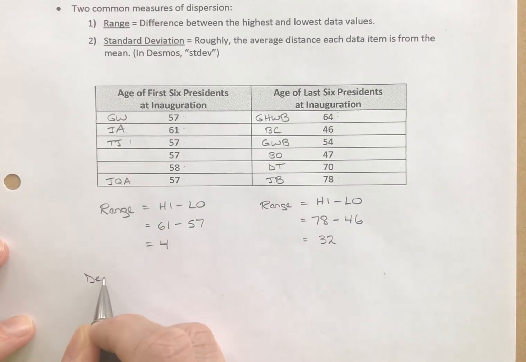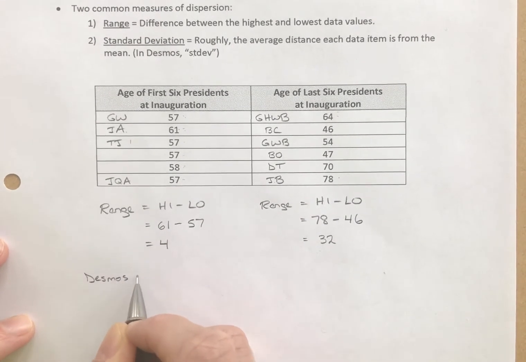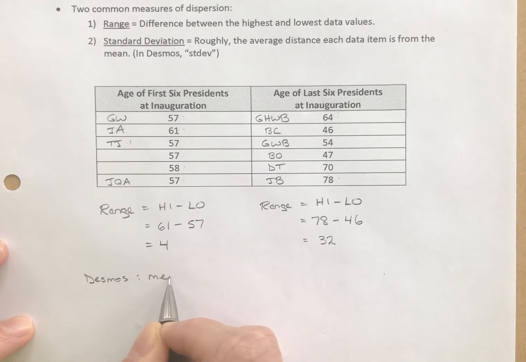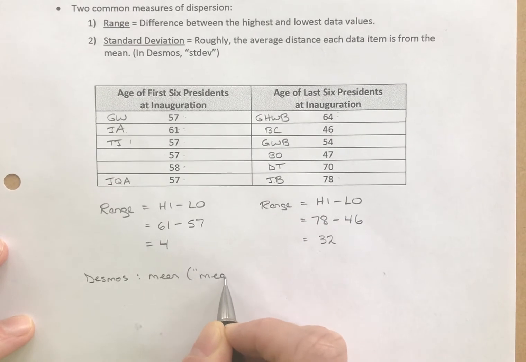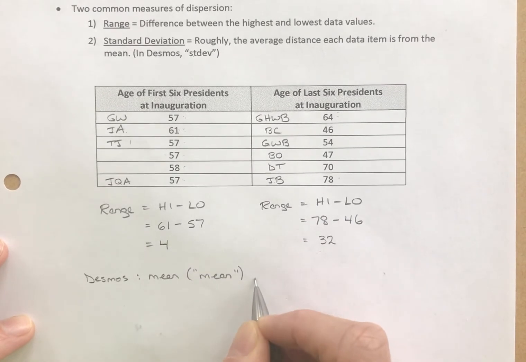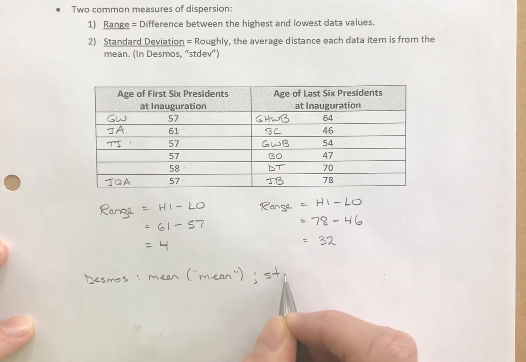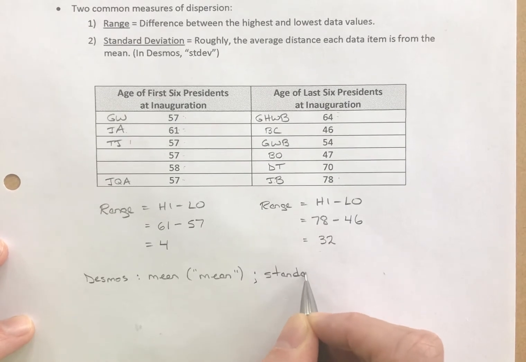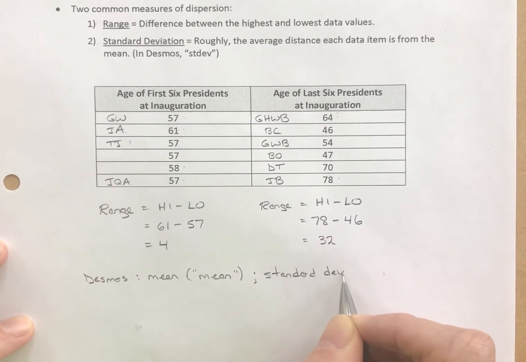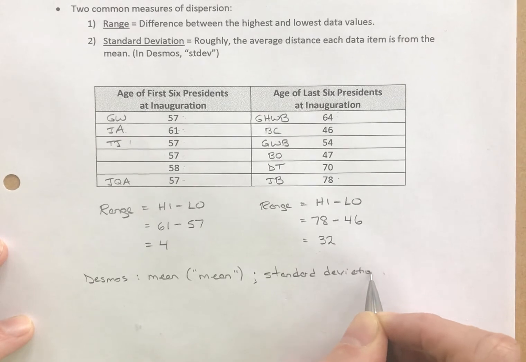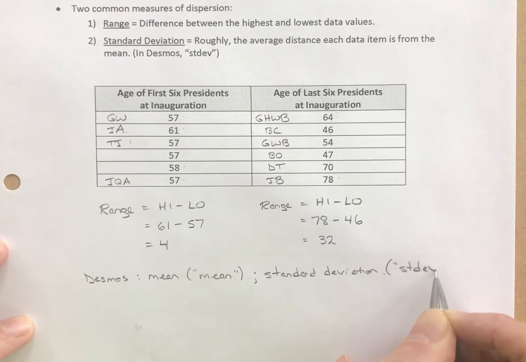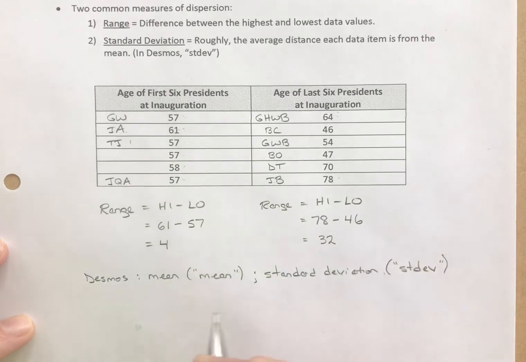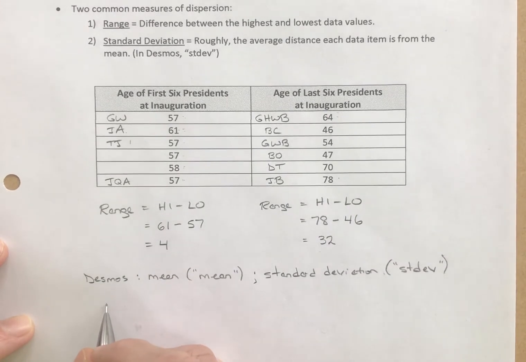In Desmos, the mean is simply the function mean. We saw that in a previous video. The standard deviation is this function, STDEV, standard deviation.